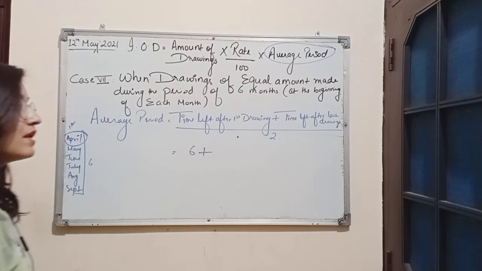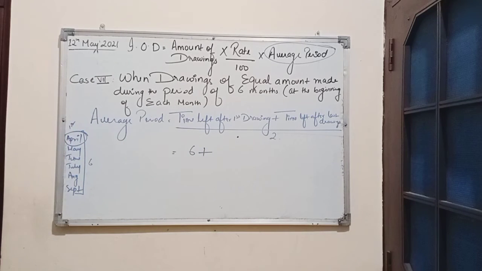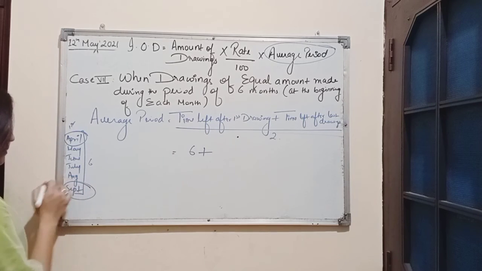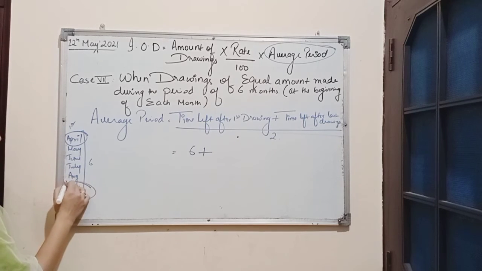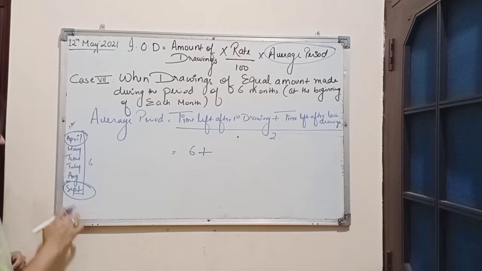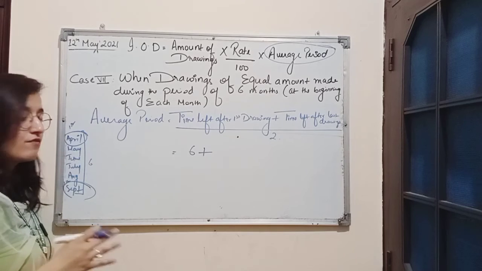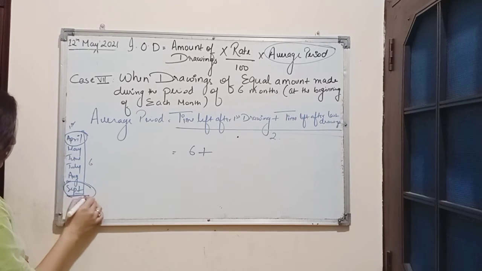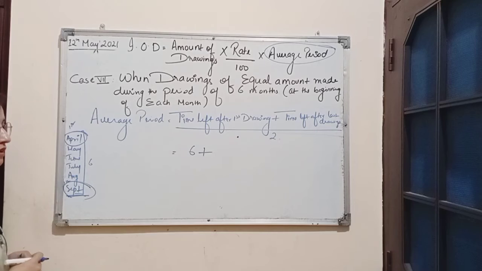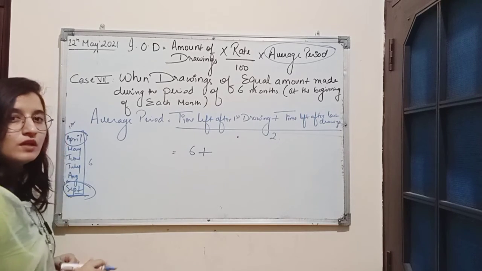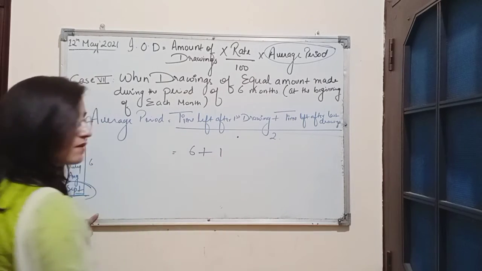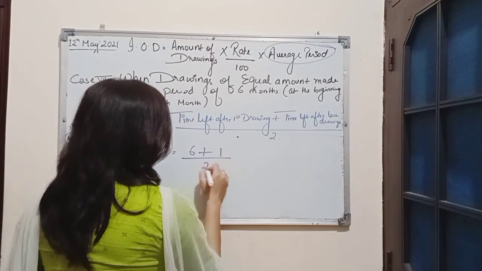Now time left after last drawing. So last drawing will be made by the partner on 1st September. September is the 6th month and he is withdrawing the amount at the beginning of every month. So in the beginning of last month, which is September, the time left will be only 1 month. 1 month of September only, divided by 2.